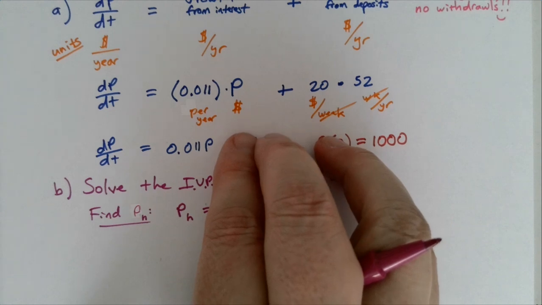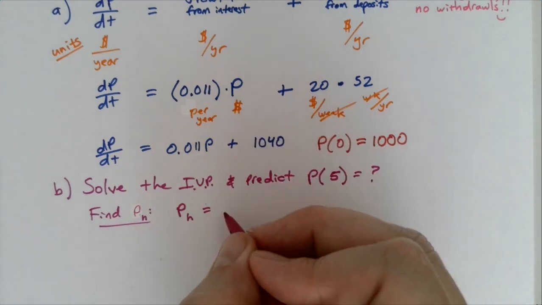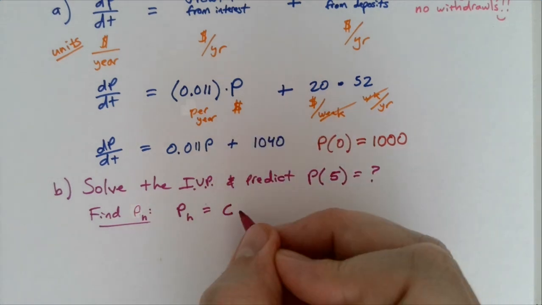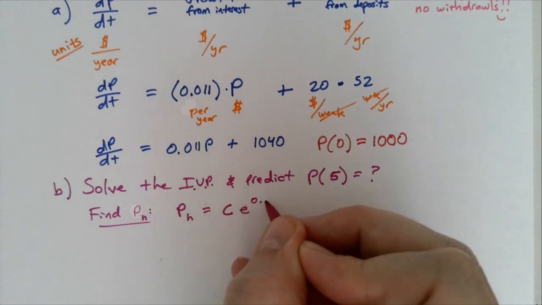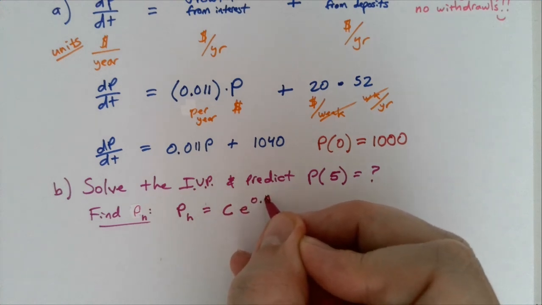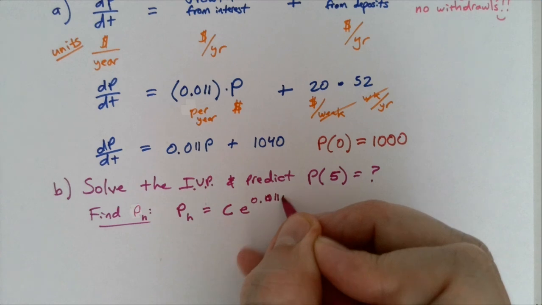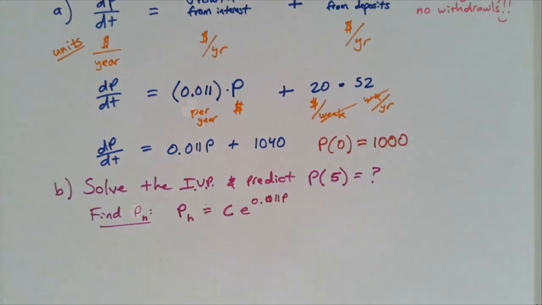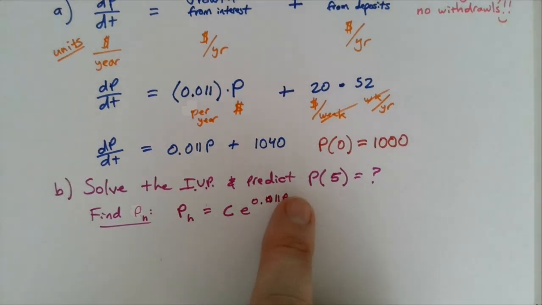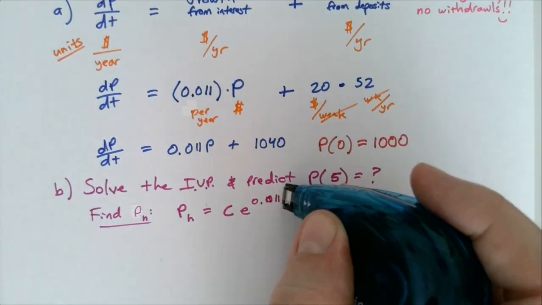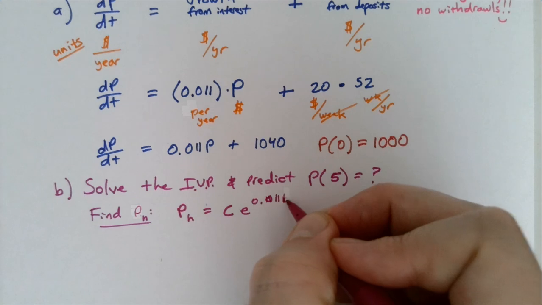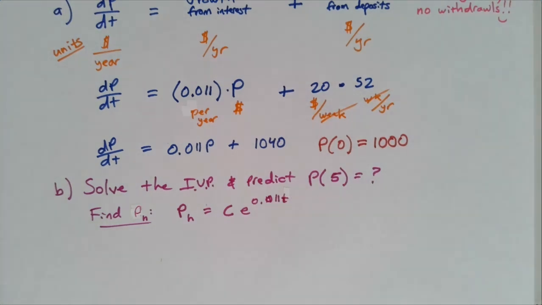Forgetting the extra term there, which is pretty easy to find. That's just a constant times e to the 0.011t power. Man, I'm making mistakes all over the place. t power upstairs.